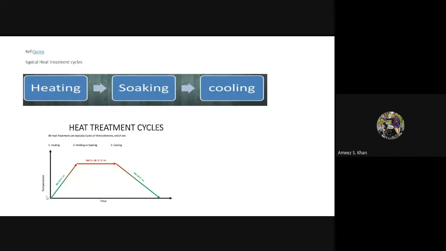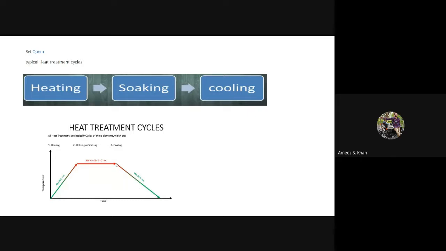You can say this is the heating cycle, up to here, and this is the holding cycle. The holding cycle is along the time axis, from this point to this point; this is the holding time. After reaching a particular temperature, the holding or soaking time is decided, right? Then when the soaking time is over, you have to cool it. This is a slow cooling.